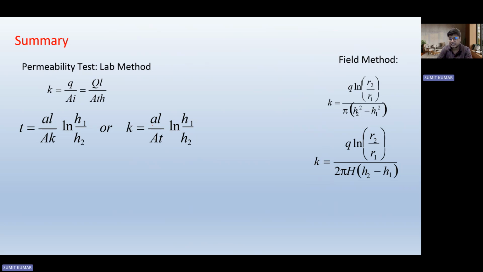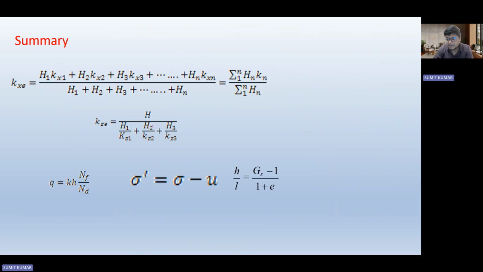Following that, we understood the calculation of permeability in the vertical or horizontal direction. We also solved some problems where we calculated the ratio of the horizontal permeability to the vertical permeability, and many more similar things.